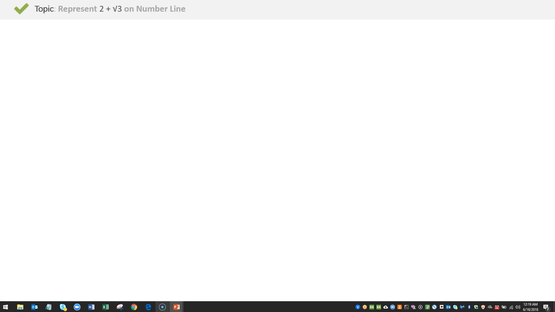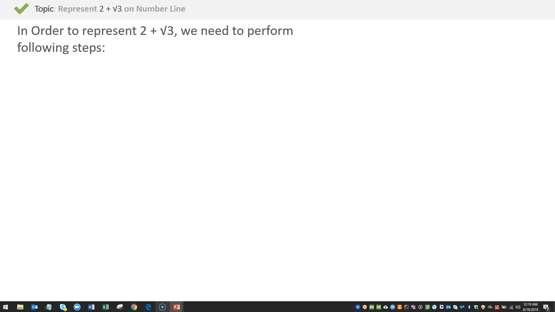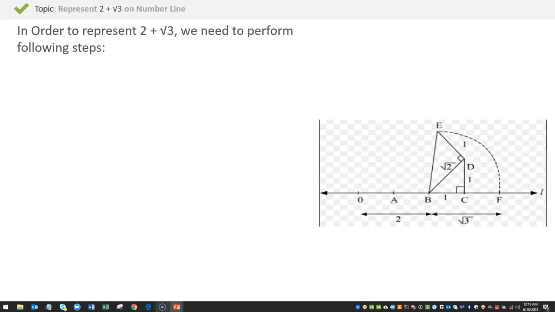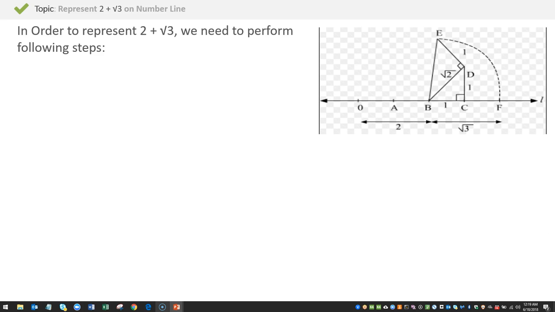How do you represent 2 plus square root of 3 on number line? Well, let's take an example. In order to perform this, you have to first find the value of square root of 3.